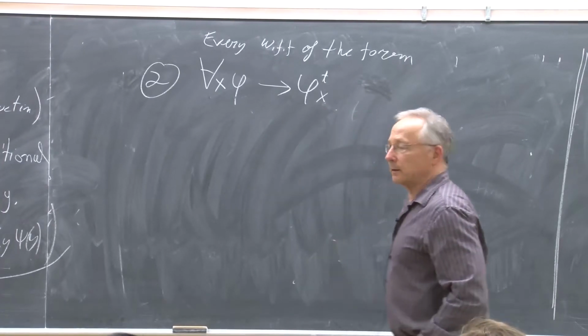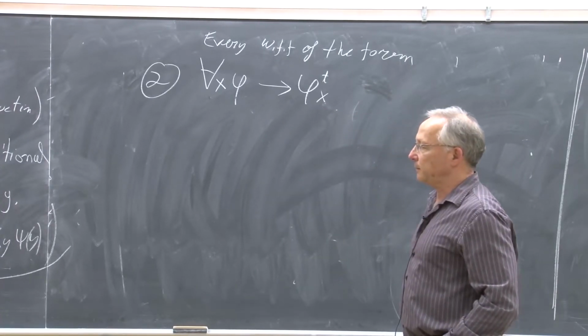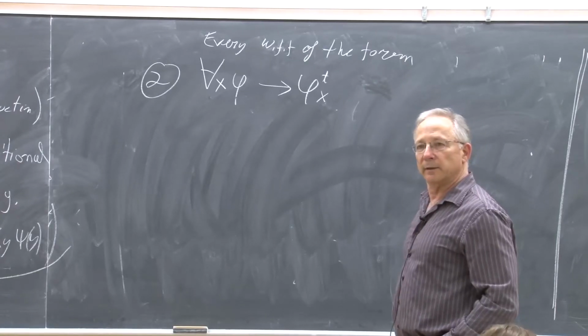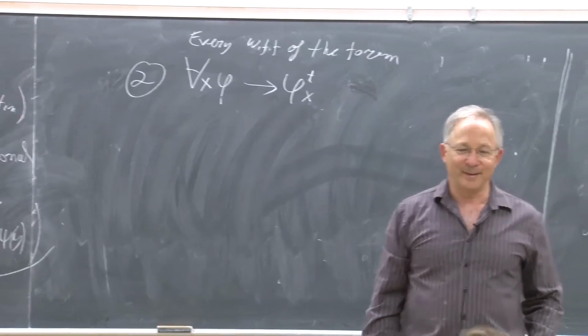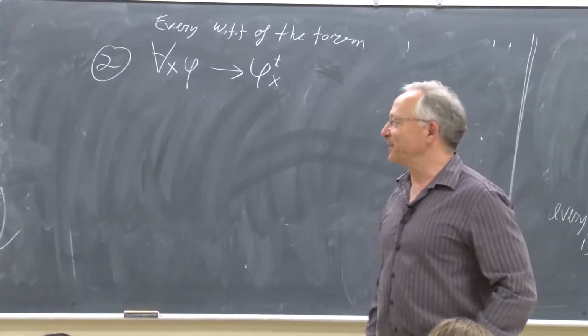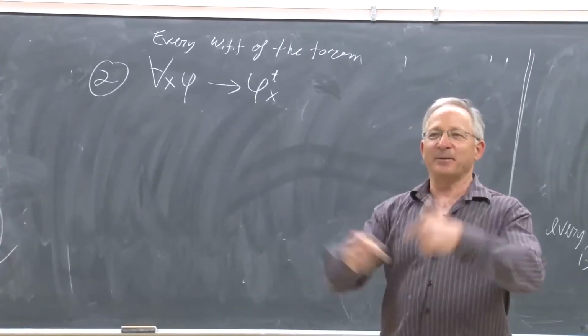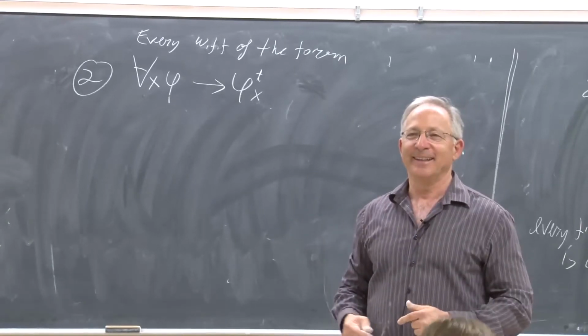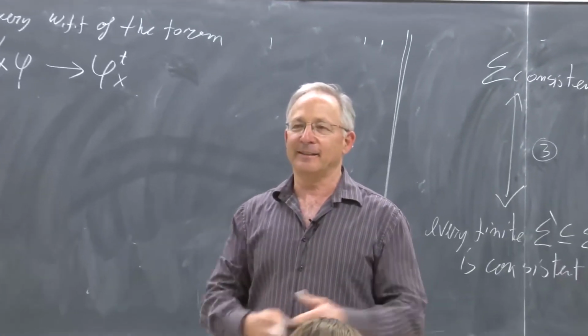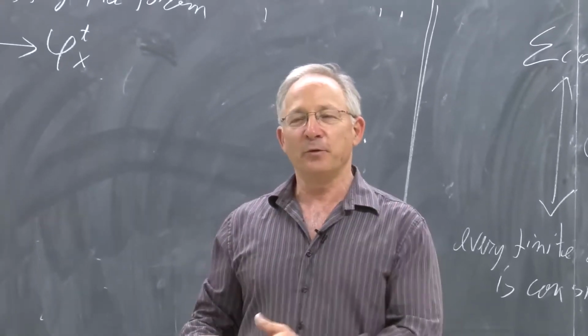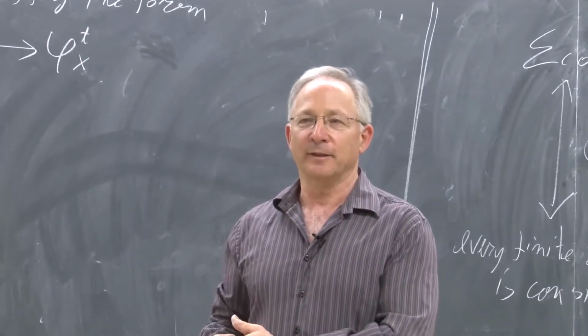Yes? To prove something, is it not to show that it's a tautology? That's an interesting question, and I can address it from all kinds of directions. Tautology is a semantic notion. Proving is a syntactic notion.